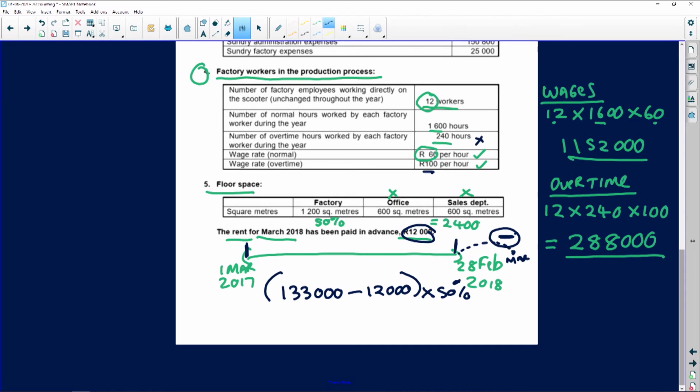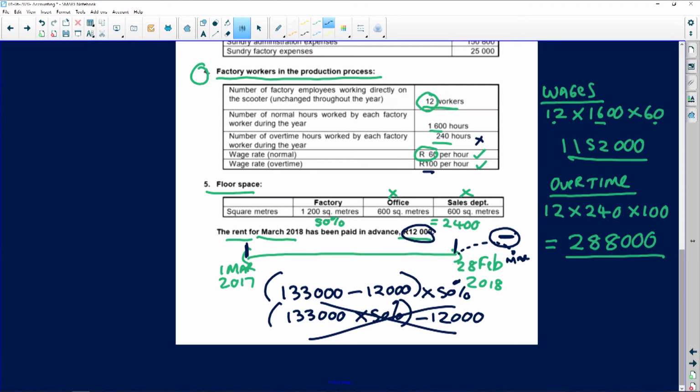Okay. Please, guys, often in the exam when we're marking your scripts, we generally find this mistake where students will first allocate the 50%. So in other words, they first take the 133,000 times 50%, and then they want to subtract 12,000. So immediately that is incorrect. Okay, so remember, year-end adjustment, take that into account first.